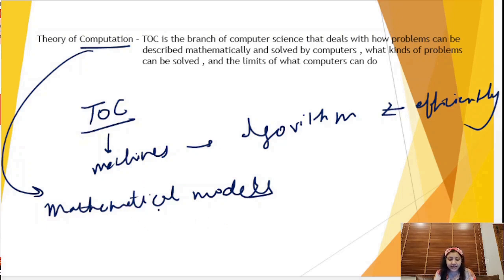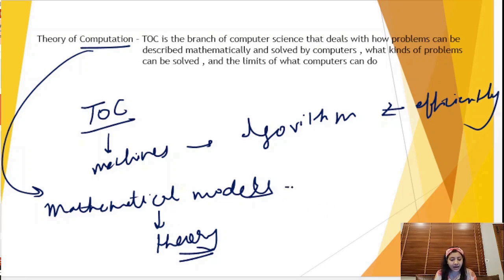So basically, we will mathematically model our computer or any kind of machine and we will study the theory about it. Right? So in the theory, we will learn what the capabilities of this machine are, what the advantages are, what the disadvantages are, and so on, without going into the hardware details of the machine. Right?